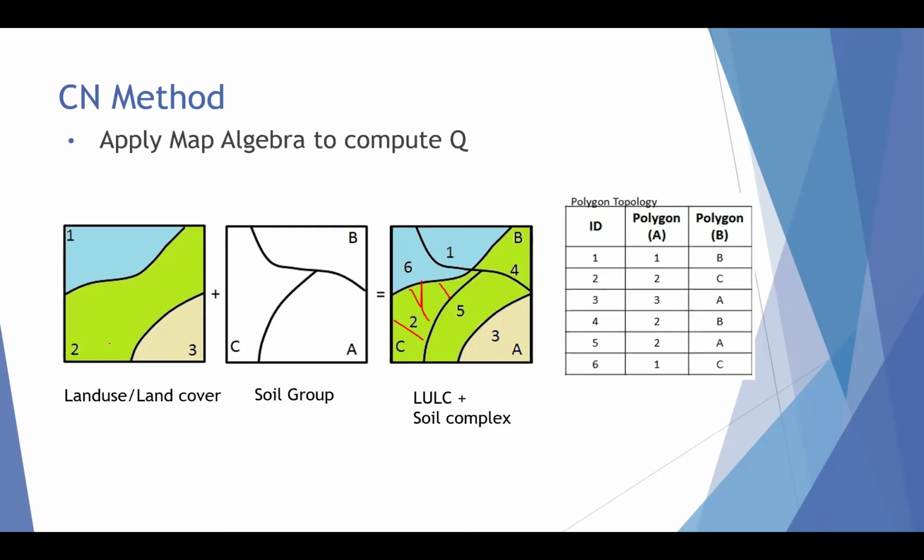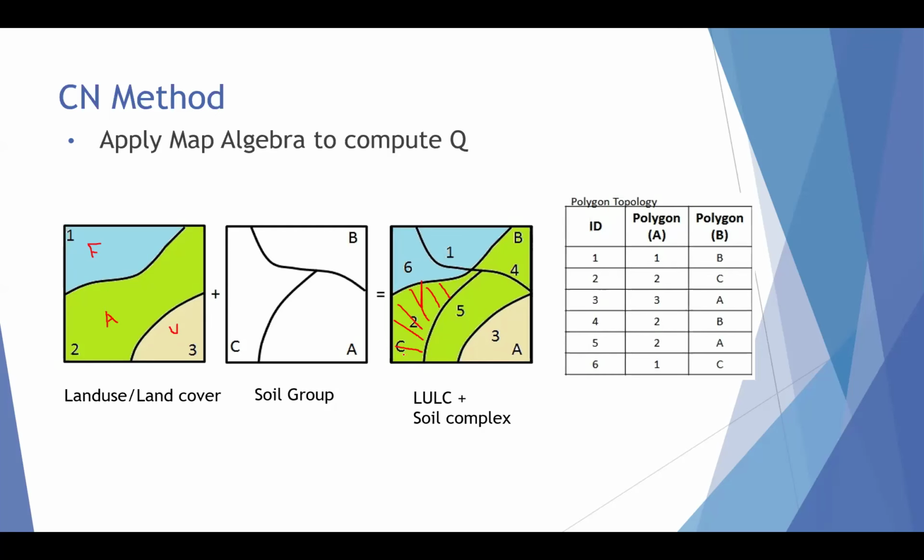Land use 2 we have taken as agriculture, and this is forest, and this is urban. So this region that I have marked here is actually a polygon which has C as the soil type and agriculture as the land use type.